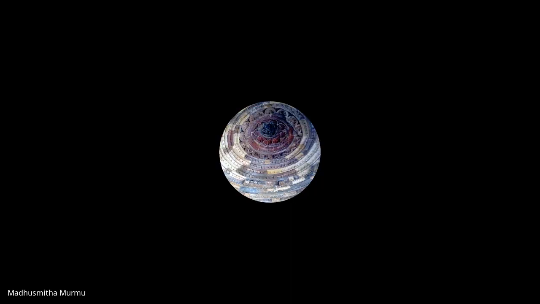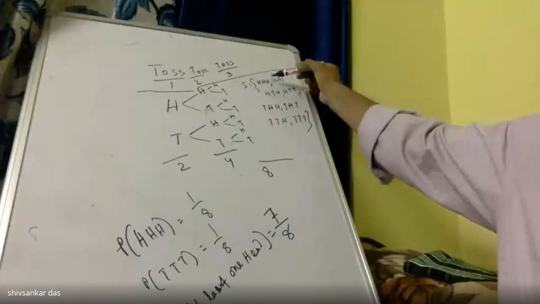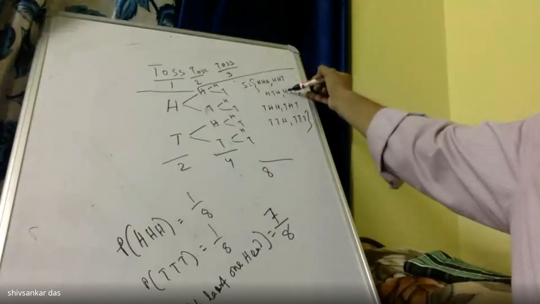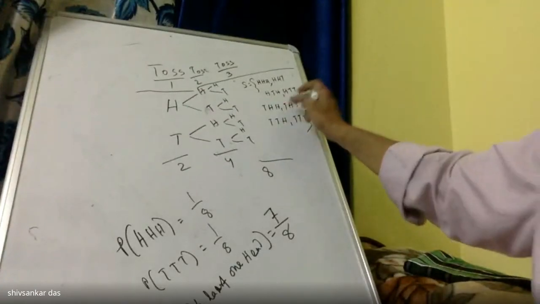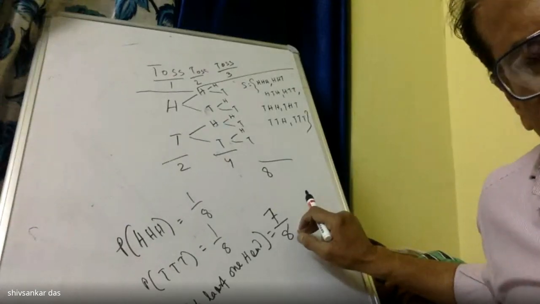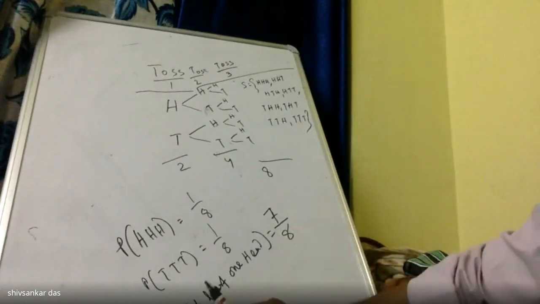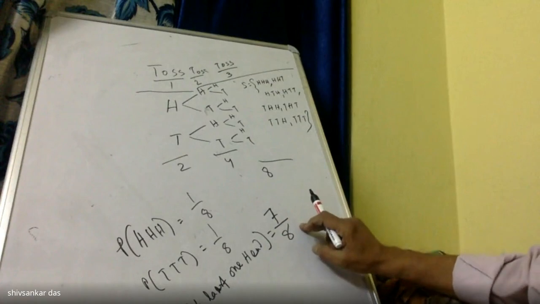Only one case, tail tail tail, has no head, and the other 7 have at least one head. So at least one head, how many? 7 by 8.